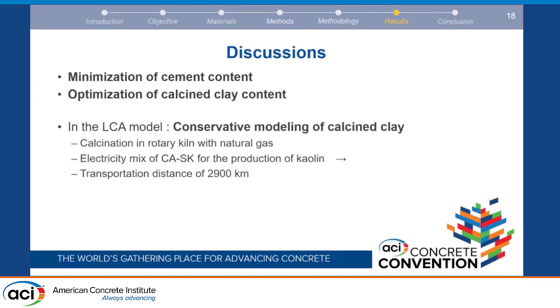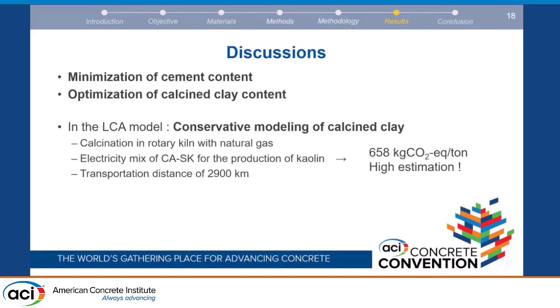Indeed, in the LCA model, we have a pretty conservative modeling of calcined clay. So we have a rotary kiln calcination with natural gas, an electricity mix from Saskatchewan, Canada, that relies 85% on fossil fuels for the production of kaolin, and a transportation distance of almost 3,000 kilometers from Saskatchewan to Quebec.